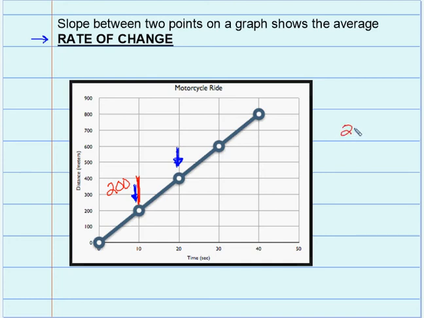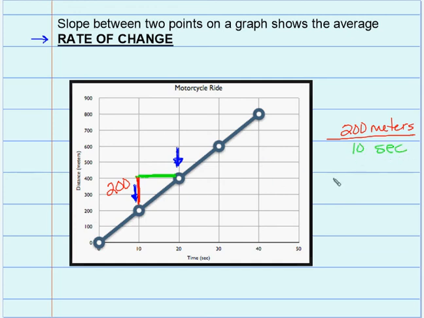So we'd have 200, and this tells me the units, meters, over how far, what's the distance, or how far do we go in the run, the left or right. So we go from 10 to 20, so we go 10, and then we have units, seconds.